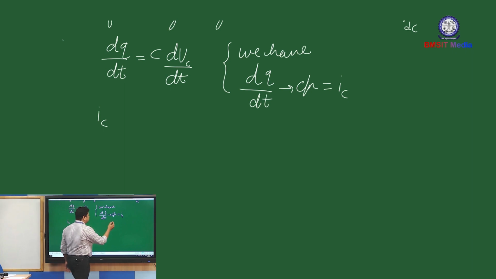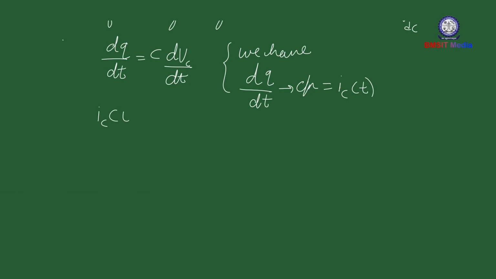I will take it as IC of t, because I am doing everything with respect to time. So IC of t equals C dVc by dt. Let us take this as expression 1.